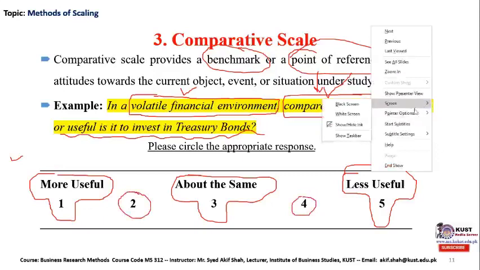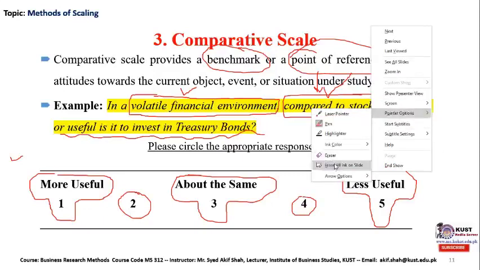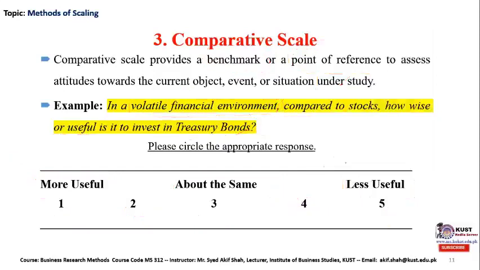Since there are 5 different scale points, we can actually rank them. Therefore, it is ordinal data.